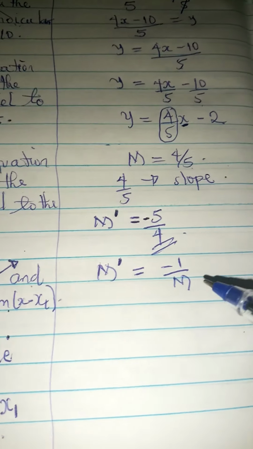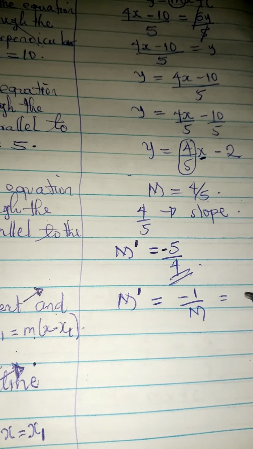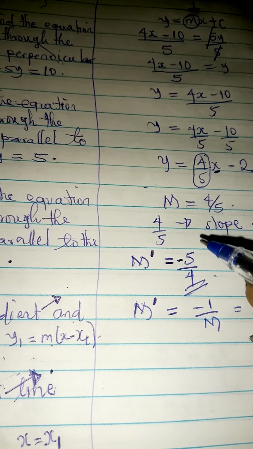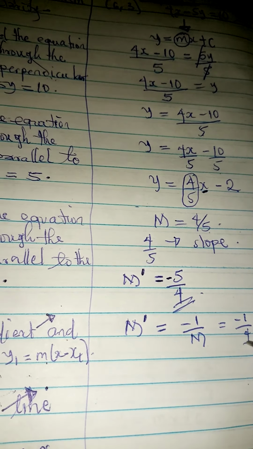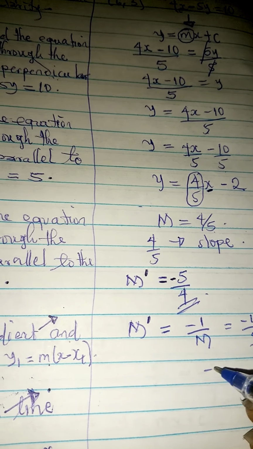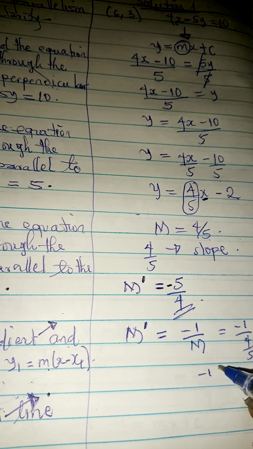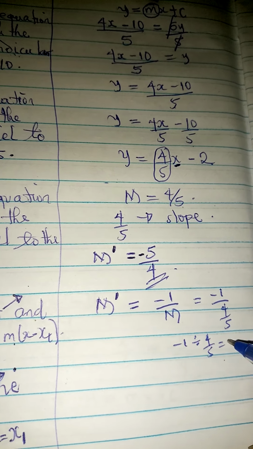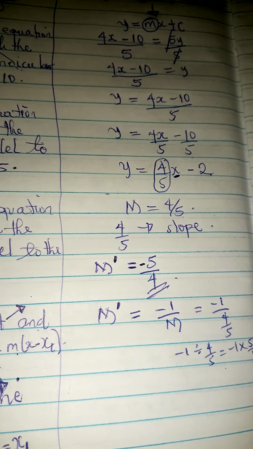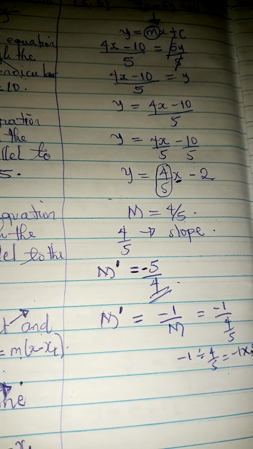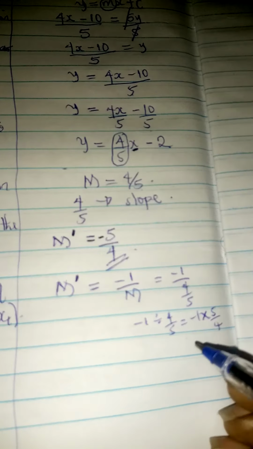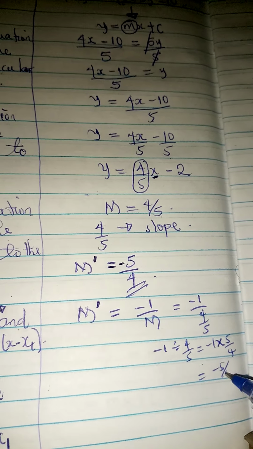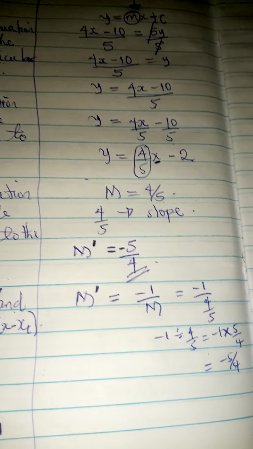Minus 1 over m is just like minus 1 over, what is the slope here? 4 over 5. So minus 1 over 4 over 5 is minus 1 divided by 4 over 5, which is the same thing as minus 1 times 5 over 4, because division changes to multiplication and you interchange it, and that gives us minus 5 over 4, which is still the same thing as what is given here.